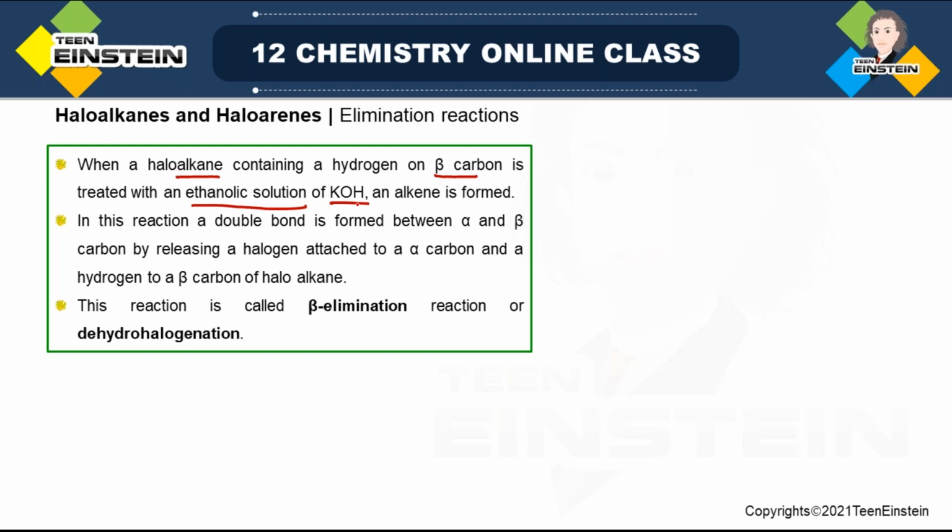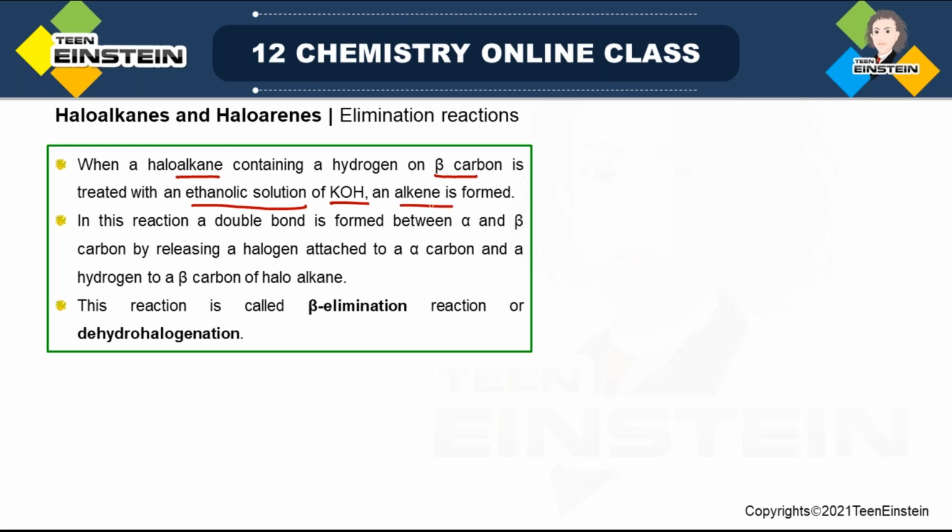So it may act as a nucleophile, but here we want the reagent to act as a base, because it is hydrogen removal, deprotonation, so it must behave as a base, not a nucleophile.